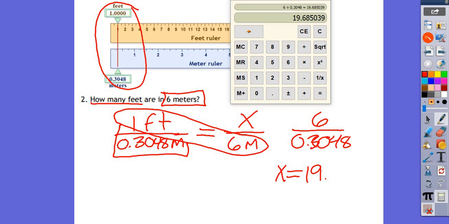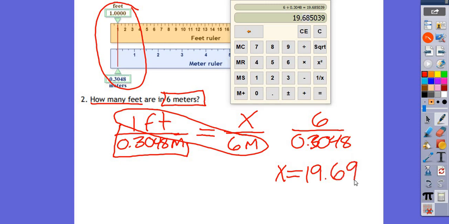I want 2 decimal places. There's 2 right there, and there's a 5 behind that. What does that 5 do? It rounds the 8 to a 9, so I get 19.69.